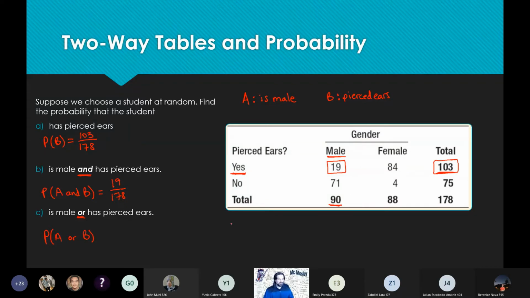So we have 103 people that have pierced ears. We have 90 people that are male. That equals 193. That's impossible. I only have 178 people. So what went wrong? Why did just adding those two totals not work out?